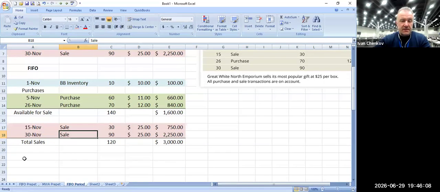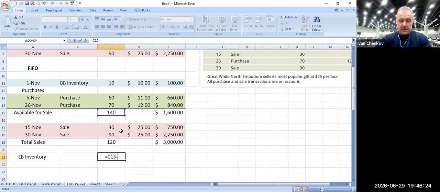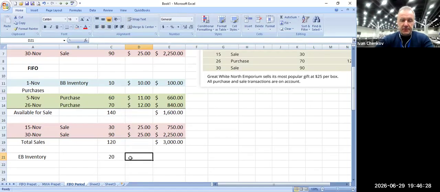Now the question is, what's left? Inventory, and the balance of the inventory. We had 140 minus 120, we have 20. Again, we ask ourselves a question. Since using first in, first out, what's the cost of those 20?